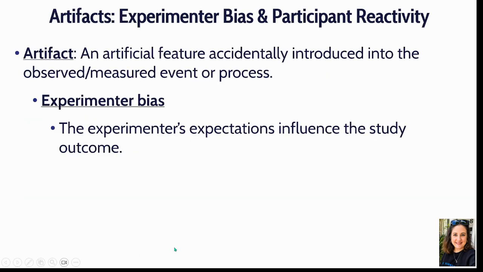We also have to keep in mind that artifacts exist. Artifacts are artificial features that are accidentally introduced into our procedure. One of these is an experimenter bias, and that's when you, the experimenter, your expectation actually influences the outcome of the study. Think back to the observer in the classroom looking at the number of times that a student interrupts the teacher or causes a disturbance.